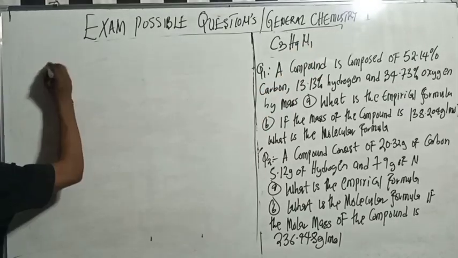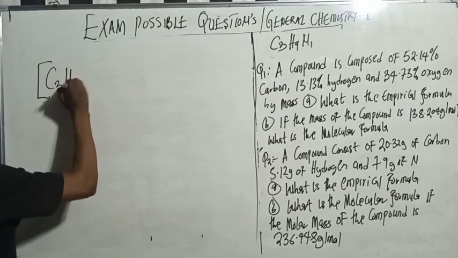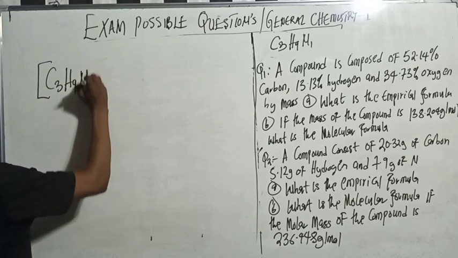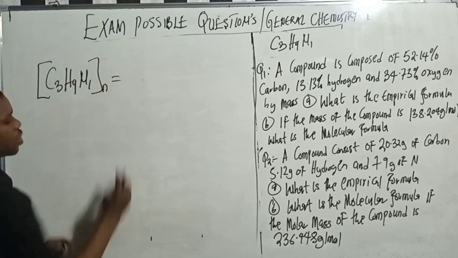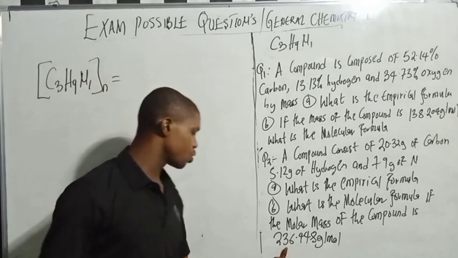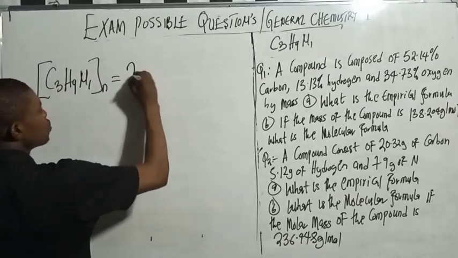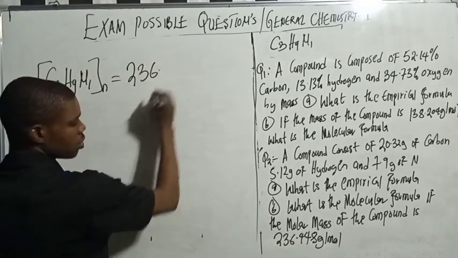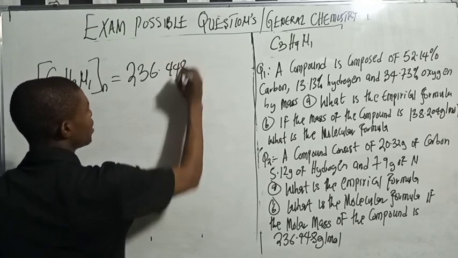So C3H9N1 corresponds to a compound molar mass of 236.448. Can you see that?